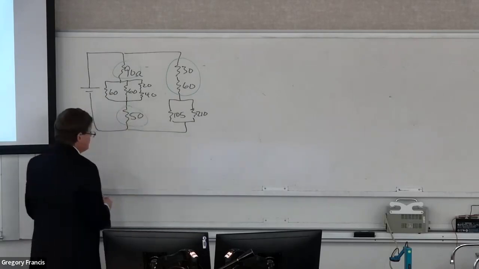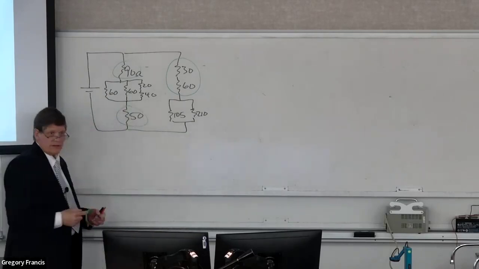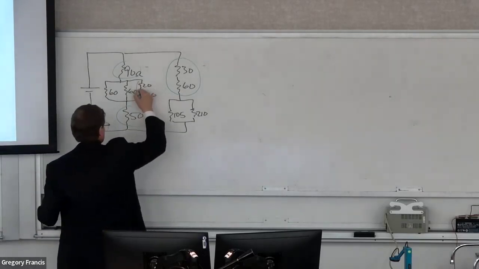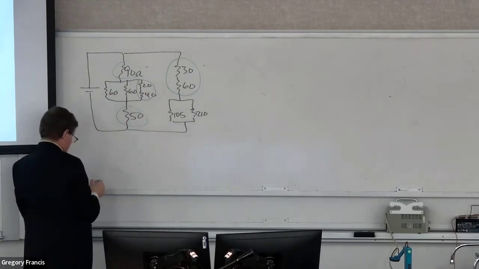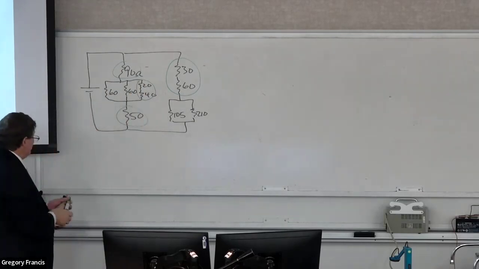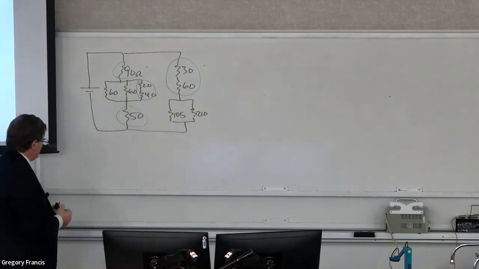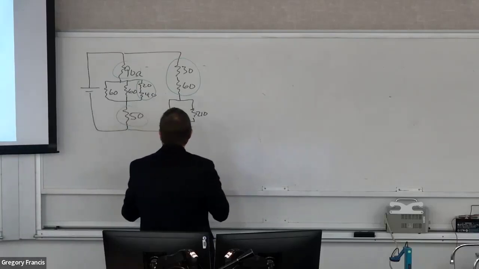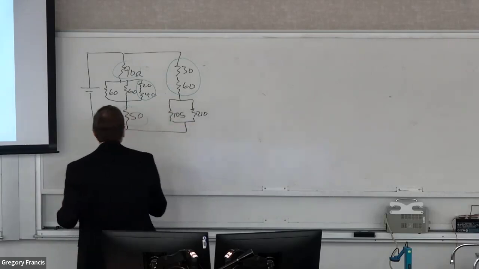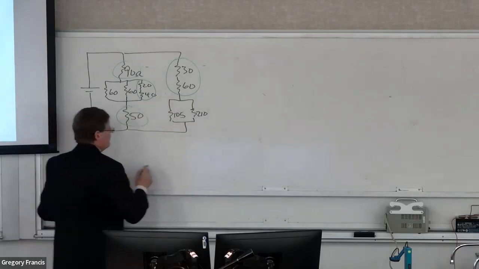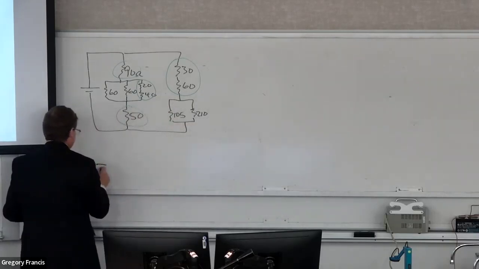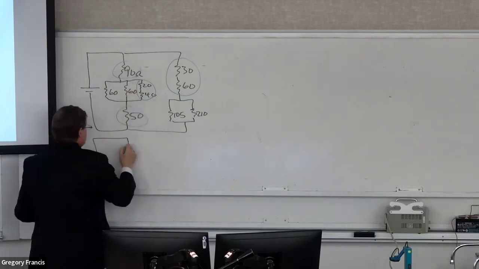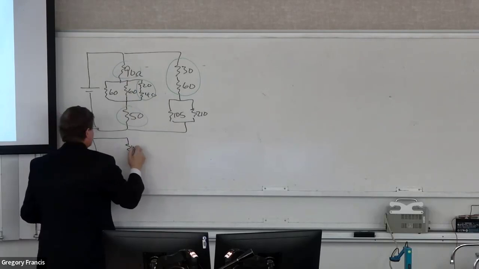And then I asked the second question, and that is, what's in parallel? Oh, what else is in series? Anyone see another thing? Yeah, the 20 and the 40. Okay, let's just redraw that. 90 and 50 is going to be 140.